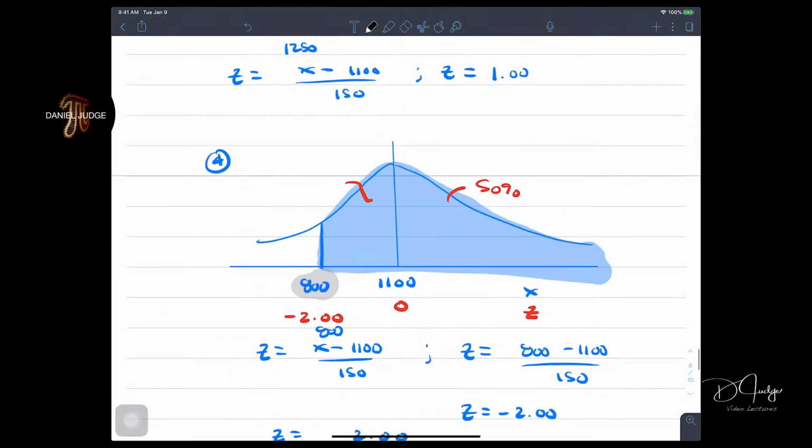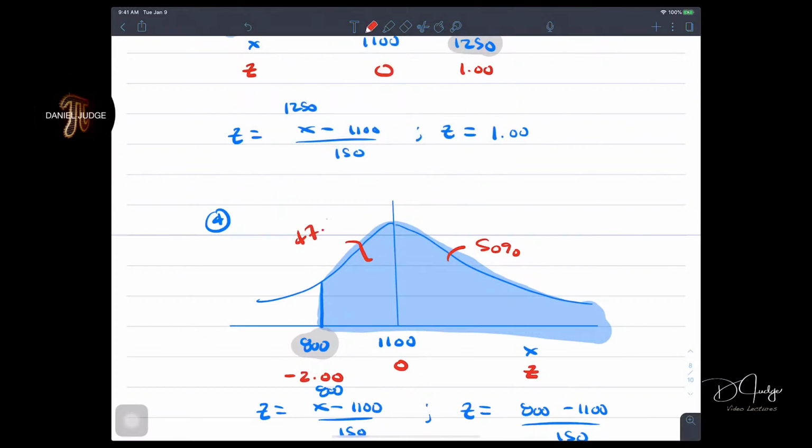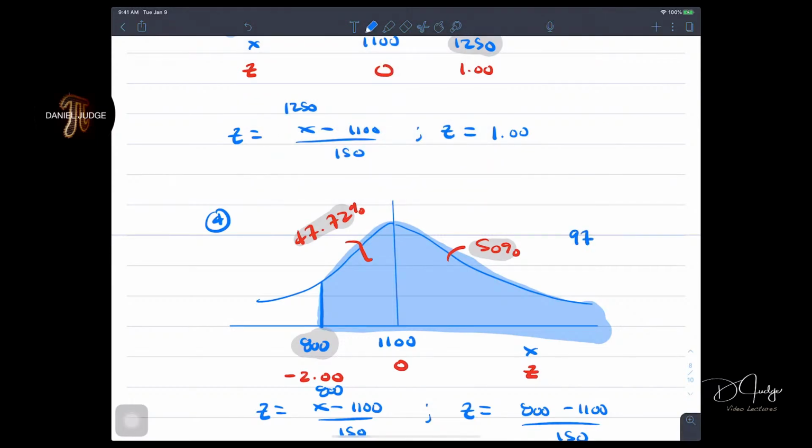So, ladies and gentlemen, this portion here is 47.72%. So we add, because we have two sides, right? The left side plus the right side. So when we add those values, we do get 97.72% of the bow shaded.